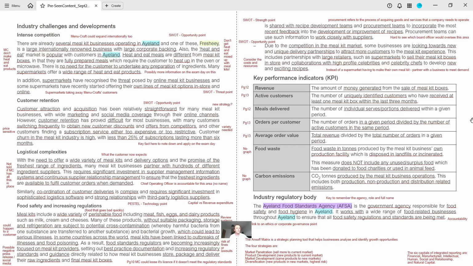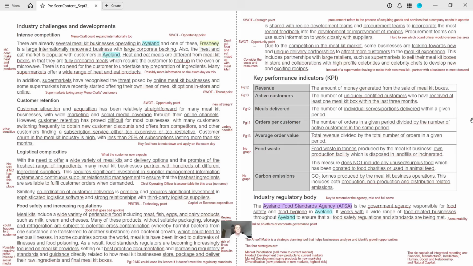And we're told that there are several meal kit businesses operating in Ayland, and one of those, Freshie, is a large internationally renowned business with large corporate backing. So that means as well that they are an enormous organisation, just like MenuCraft, which is a publicly listed company. So again, it has that option of maybe getting some corporate backing themselves.